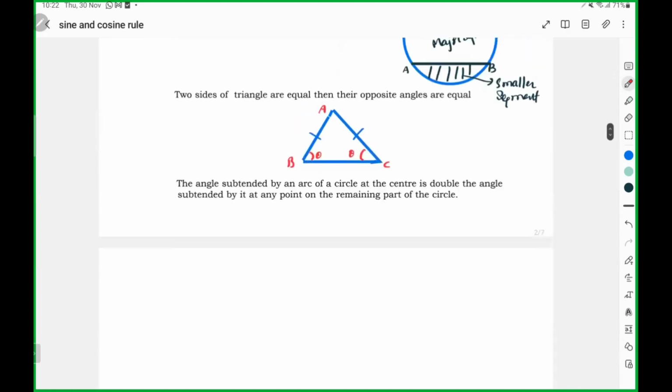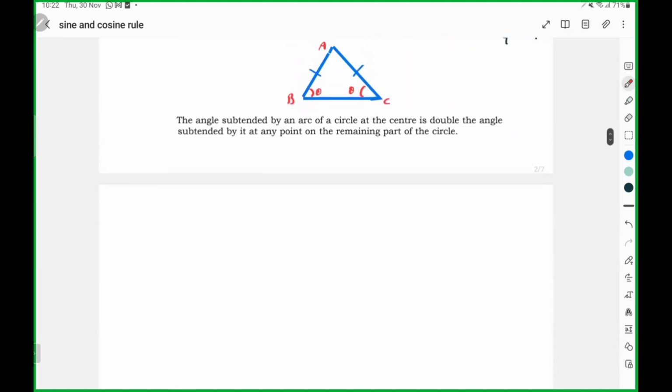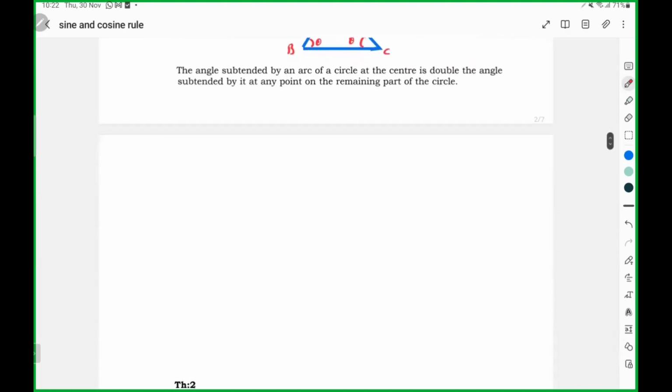And another useful theorem, which is very useful, we will use its applications later on.